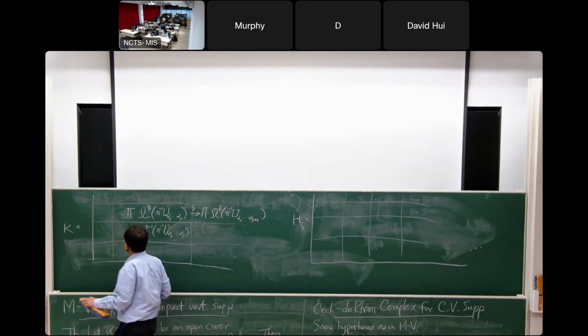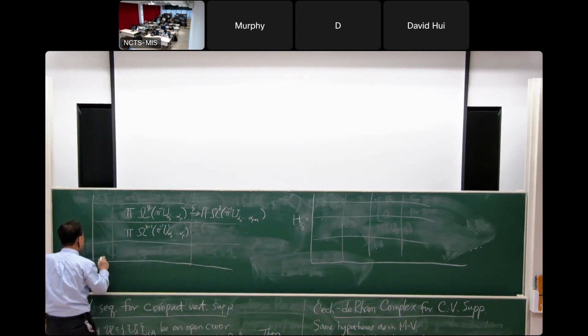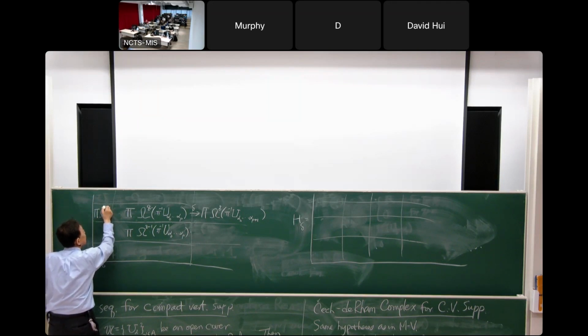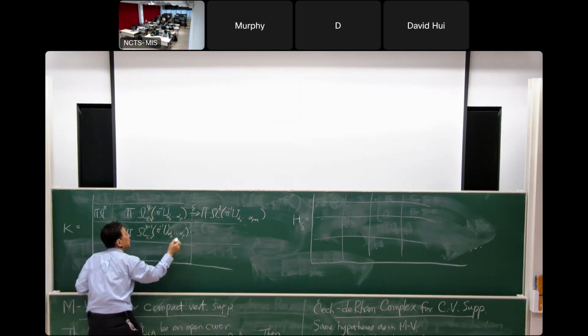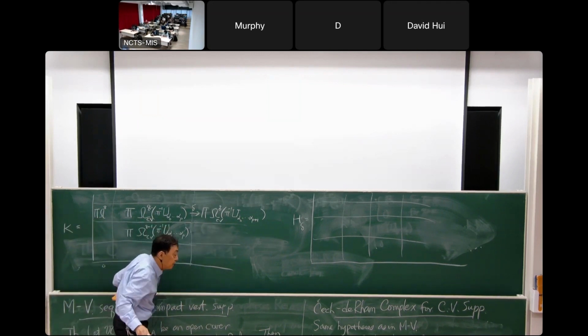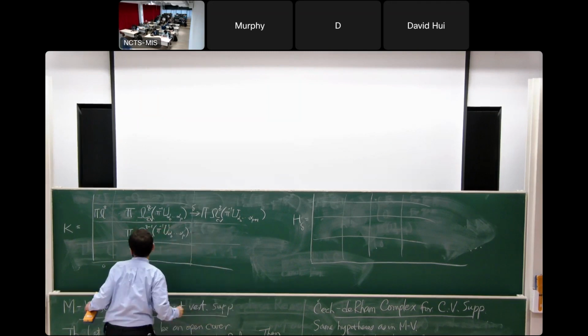Let's see. The first one here is in the 0th column, it's the direct product of all q-forms. Oh, sorry, this should be forms with compact vertical support. Did I put that down there? Yes, I did.